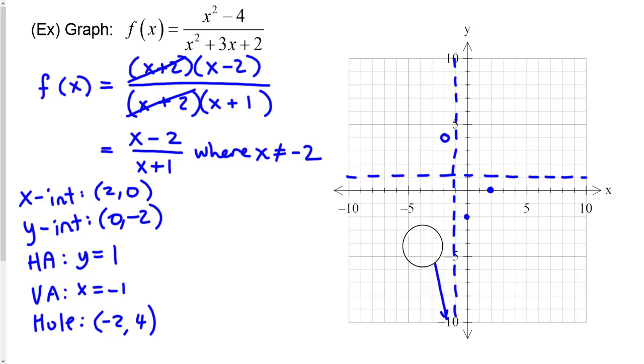Okay, so this has to be up here. So just kind of draw it to where I bend toward my asymptotes, but pass through that hole. On the other side, it's clearly going to be on the portion that is below the horizontal asymptote, because I do have that x-intercept over there.